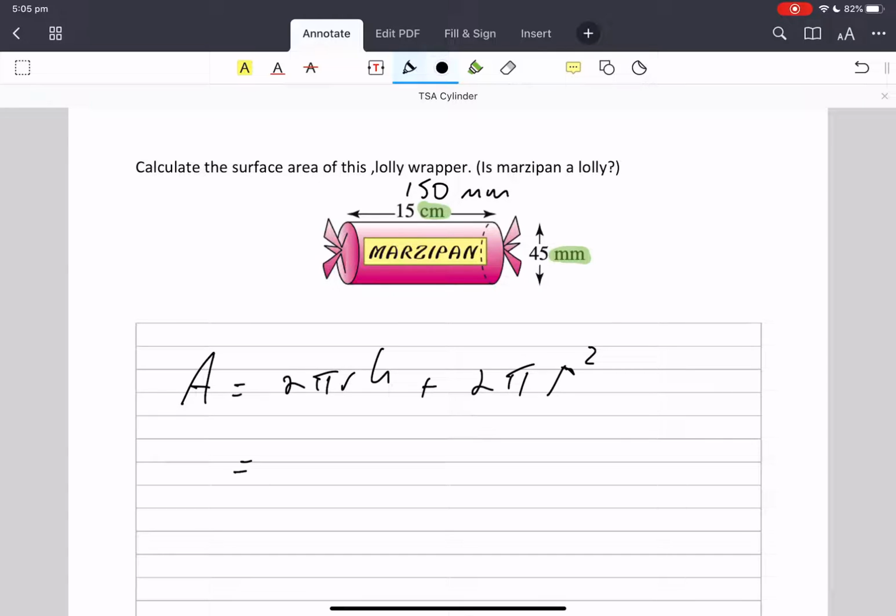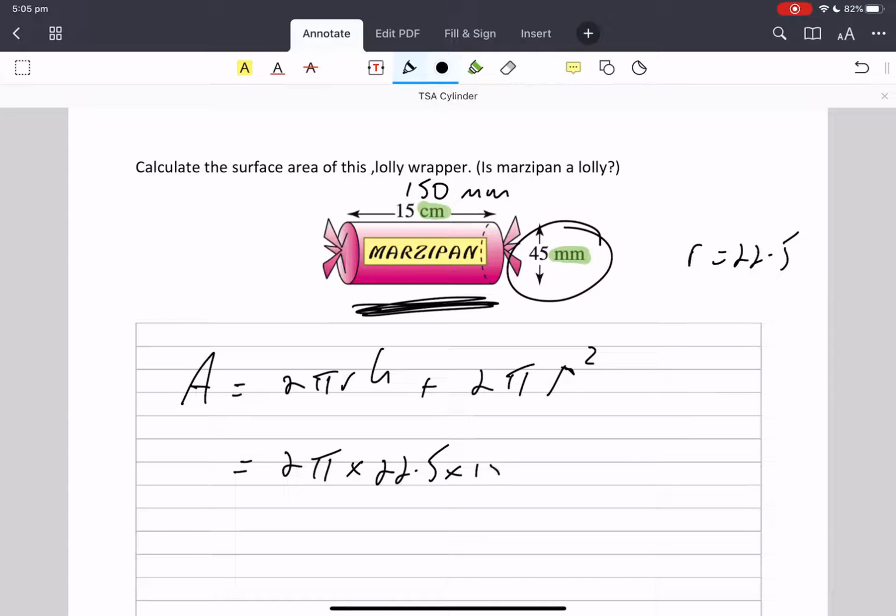And we can sub it straight in. My r is not 45. My height is going to be the 150.